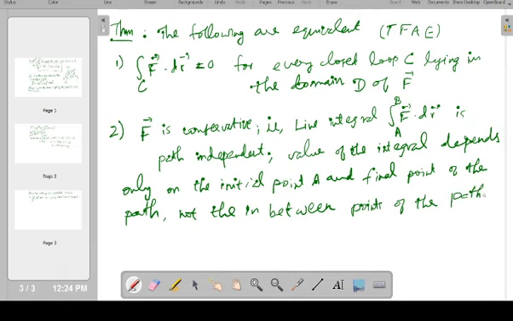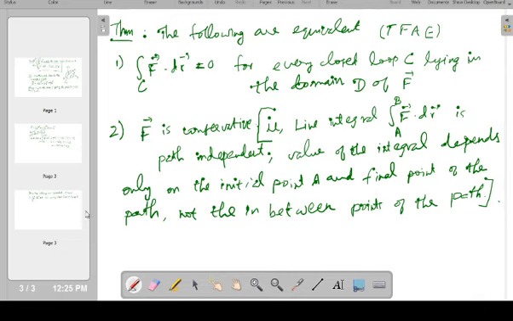So all these are explanations of what is meant by conservative. I have told what is meant by conservative, but if you don't remember, then this is the definition. Conservative means path independent. What is path independent? The value of the line integral depends only on the initial and final points, not the other points of the path.